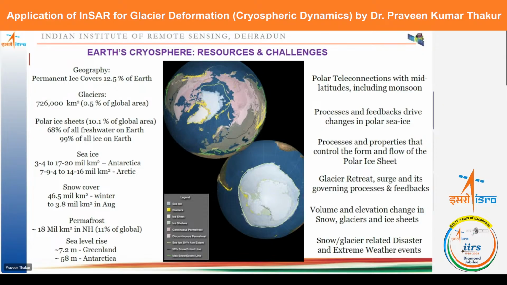And what are the volume and elevation changes in these cryosphere components, including snow, glacier, and the ice sheets? Changes in these components, for example formation of glacial lakes, decrease in the albedo, or decrease in the freshwater flow, can lead to extreme weather events.